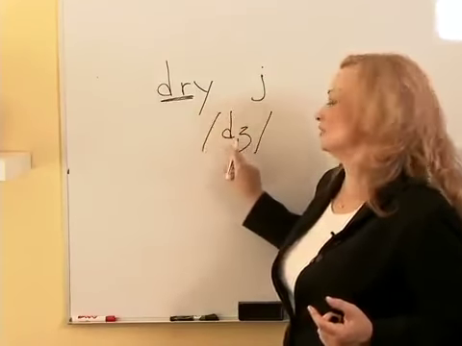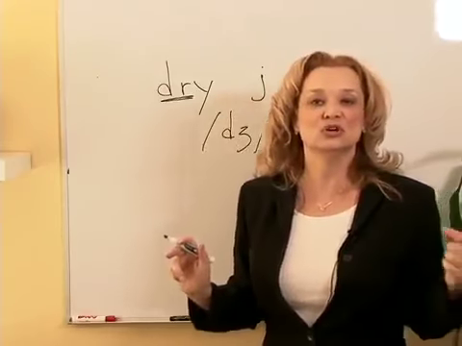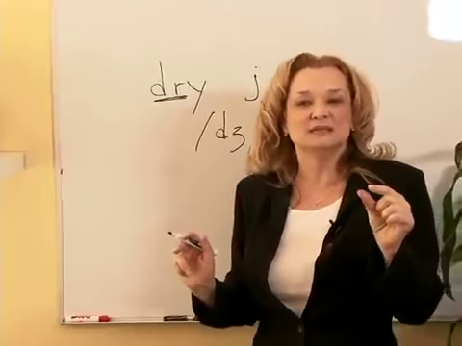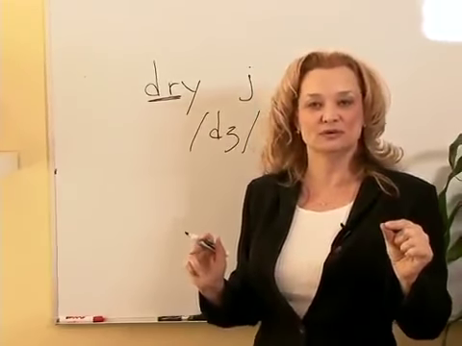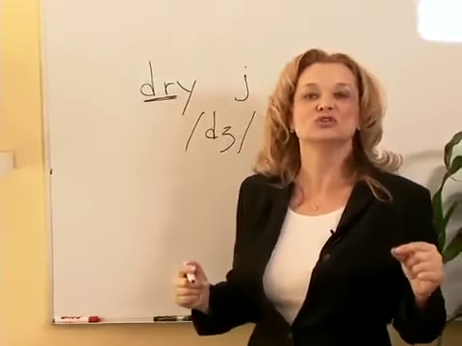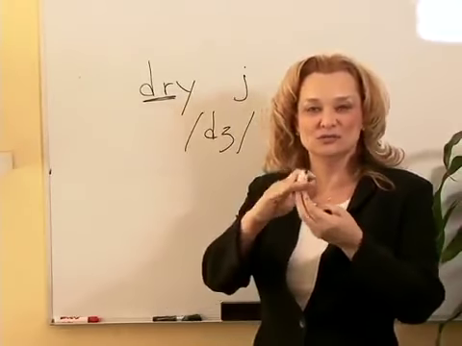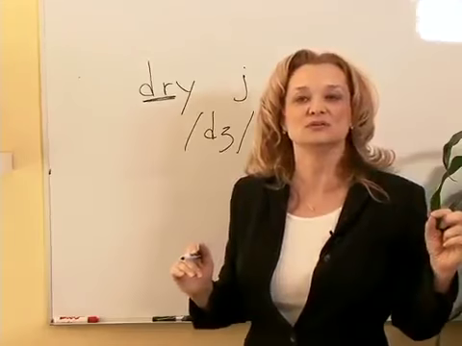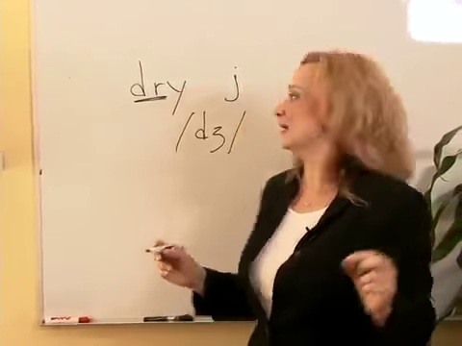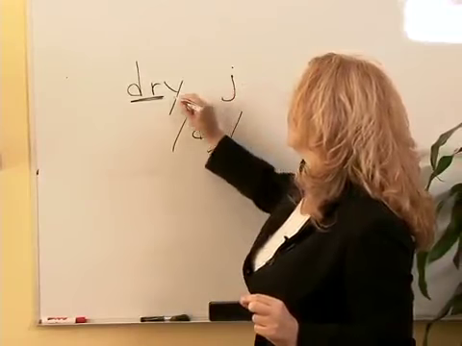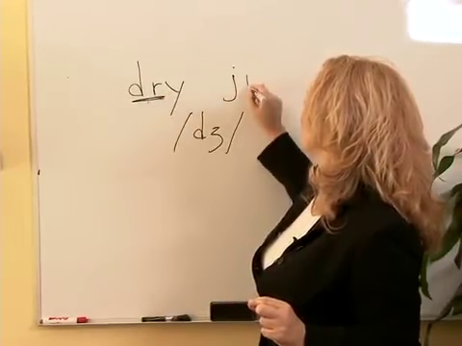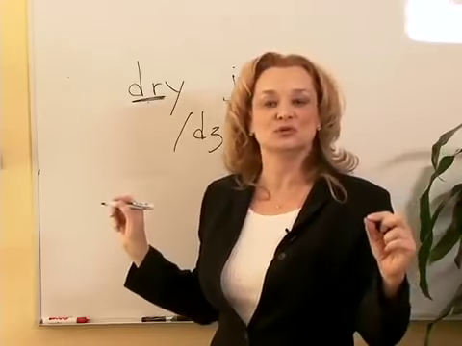If you look in your dictionary, this is the symbol, except it's a little softer and a little shorter. Just use the tip of your tongue a little bit. Dry. All right, so this DR becomes kind of like jr.